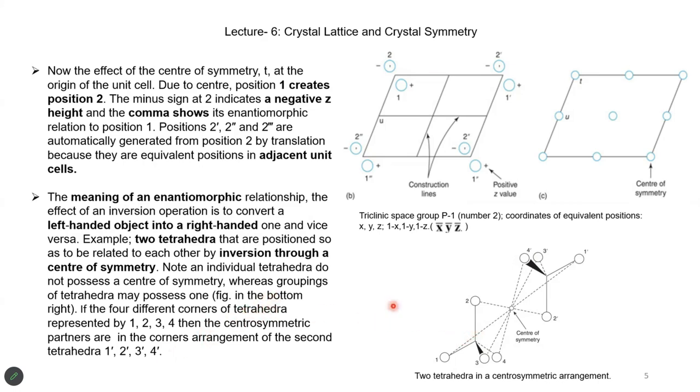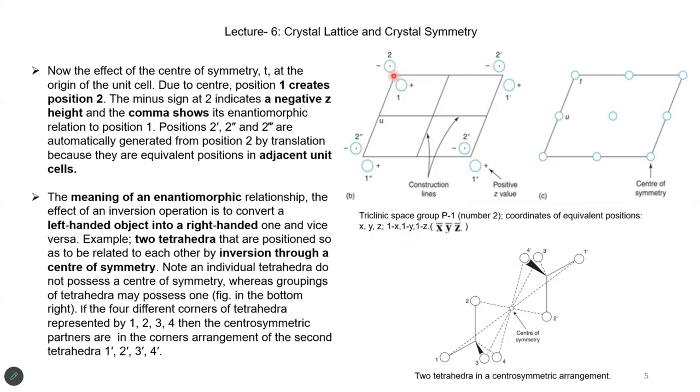Then we talk about this again. We have already finished it. Now we say that we have only 2 equivalent positions for this space group. What are the values? We say a value of x, y, z, and then 1 minus x, 1 minus y, 1 minus z.